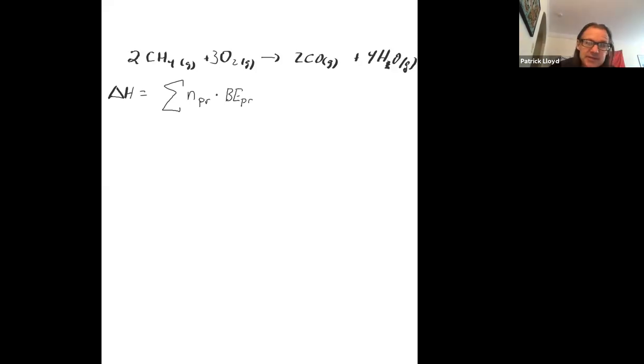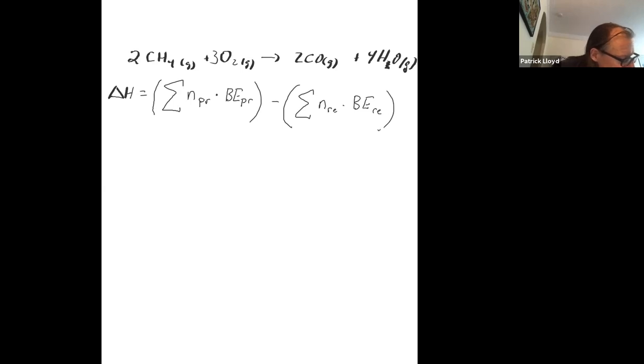That symbol, the uppercase sigma, means add up, sum. Let me put this in parentheses so you don't get confused. Minus the sum of the number of moles of each reactant times the bond energy or bond enthalpy of each reactant.